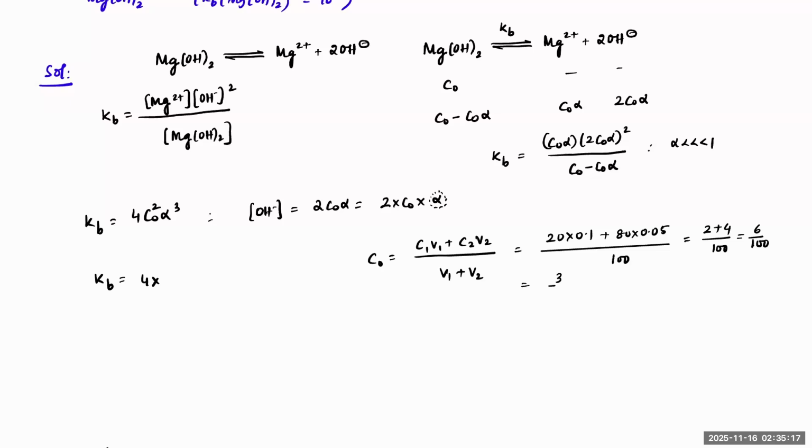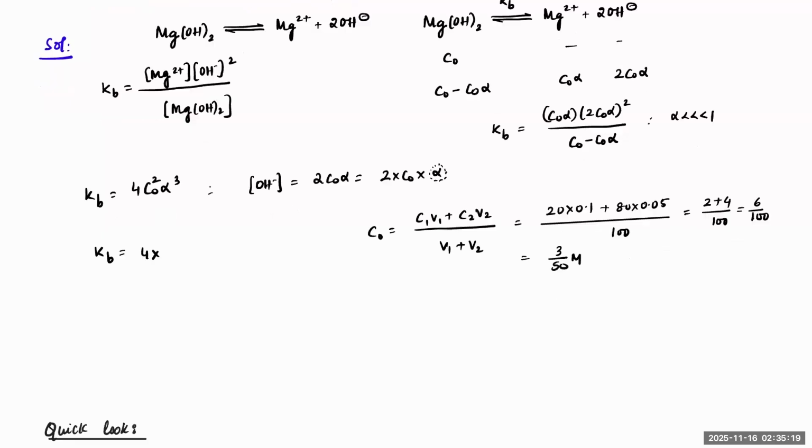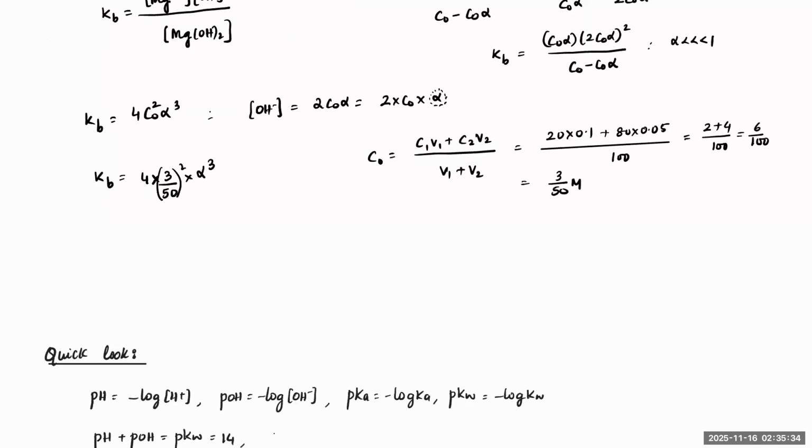So this is 3 by 50 molar. You got to use this concentration here. So that is 3 divided by 50 whole square multiplied by alpha cube. So therefore, alpha cube will be equal to KB into 50 into 50, divided by 3 into 3 into 4.